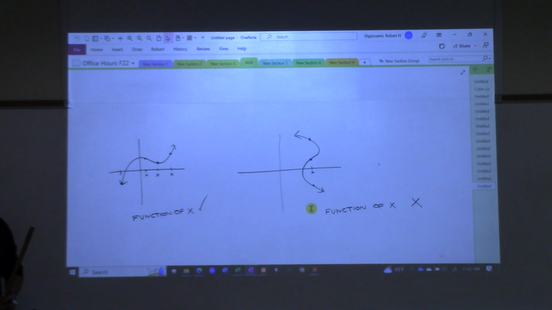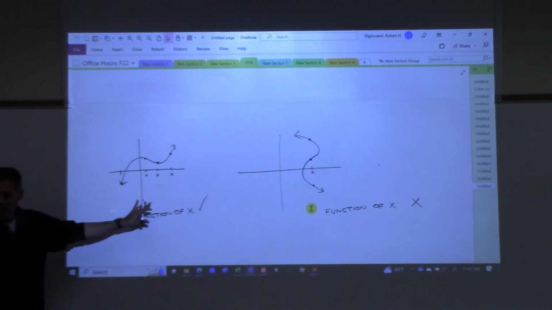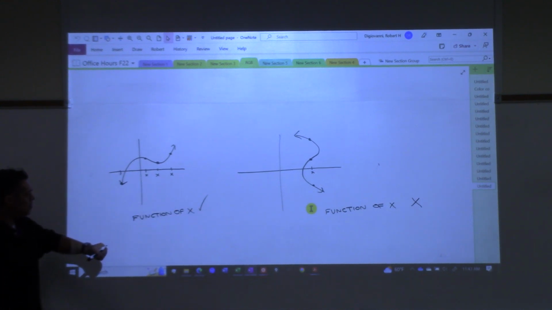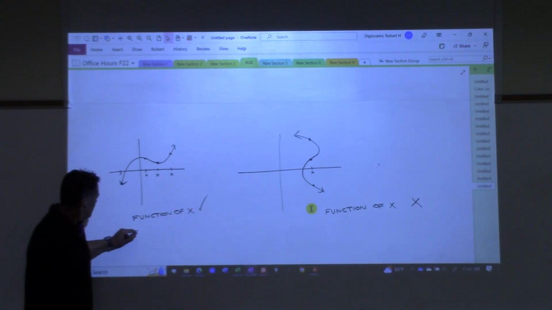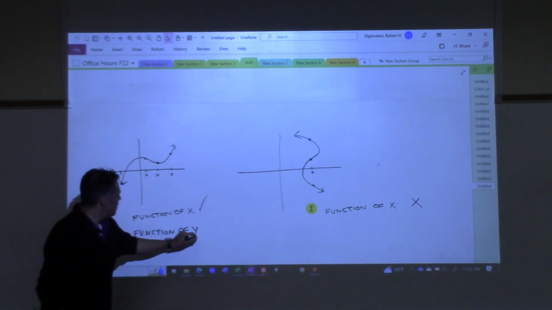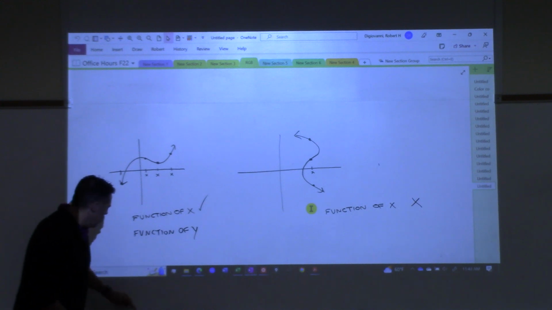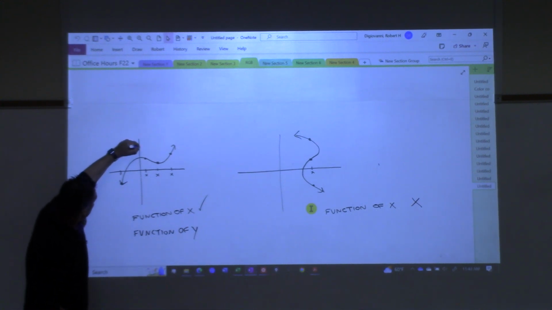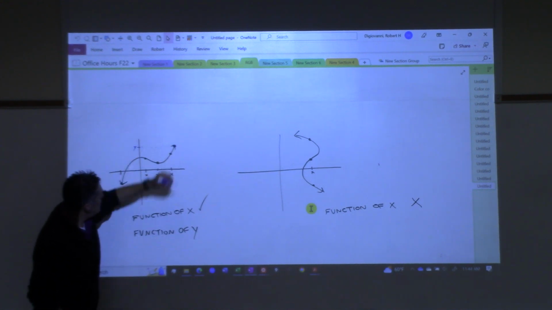But what about if I ask the question the other way around? Is this a function of y? Same question there. Meaning if I plug in a value of y, how about right here? If I plug in that value of y, do I have a single value of x corresponding to it?